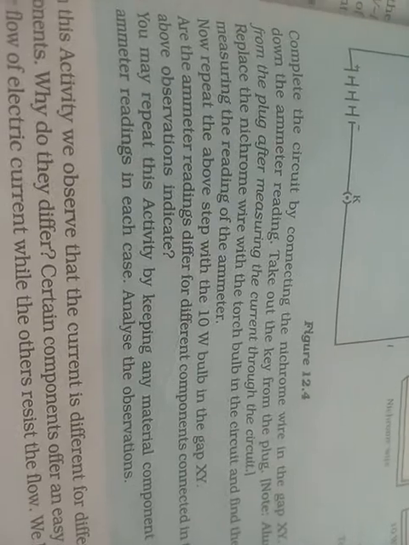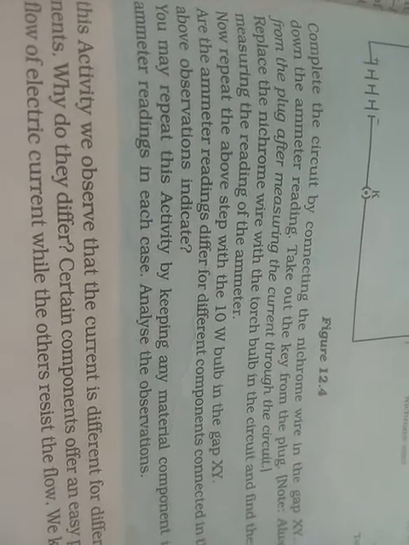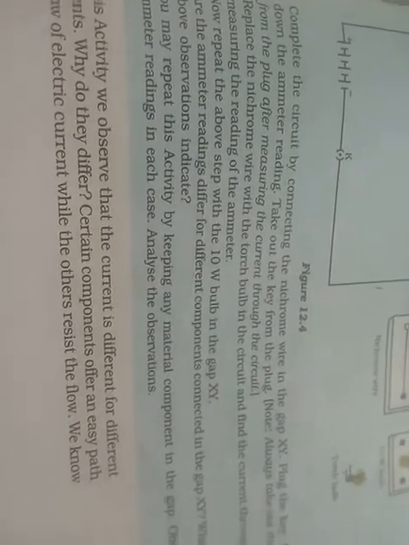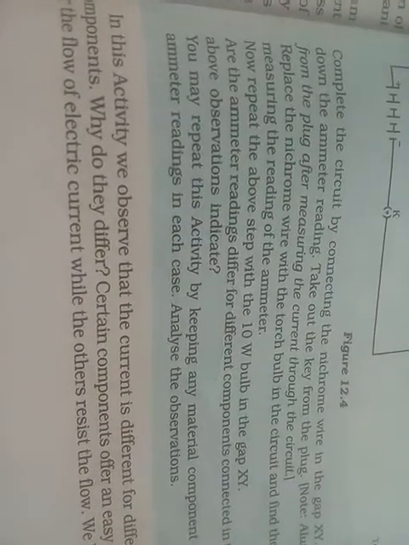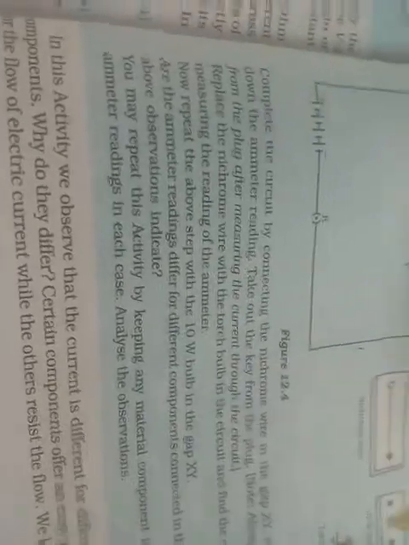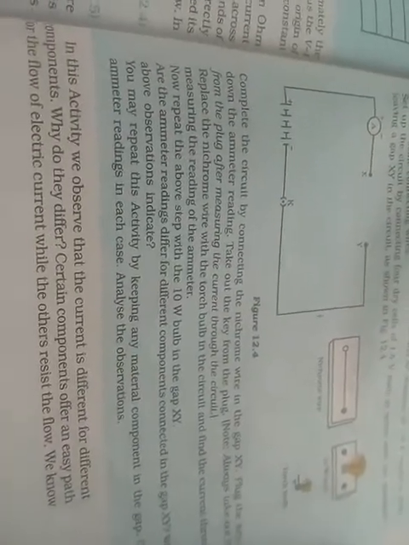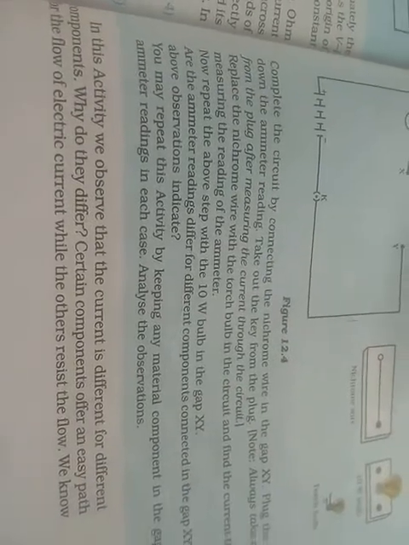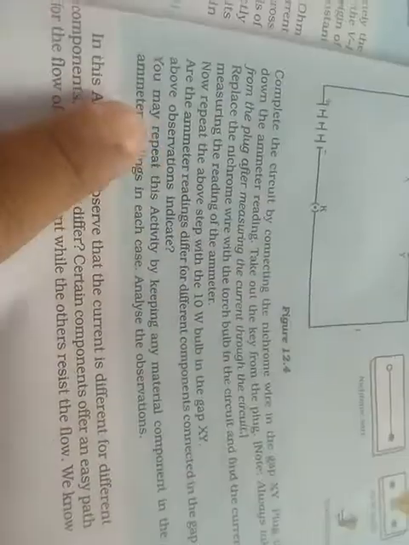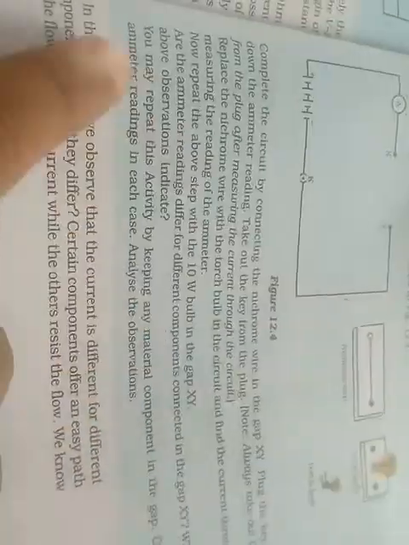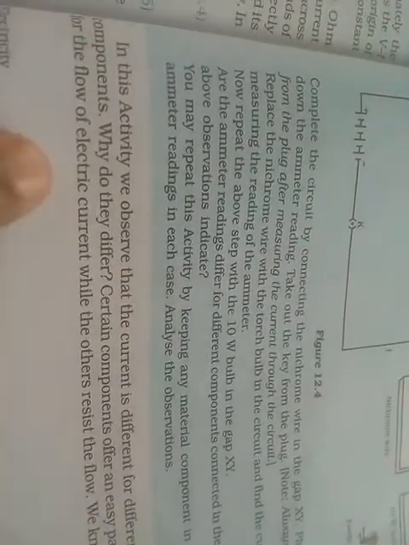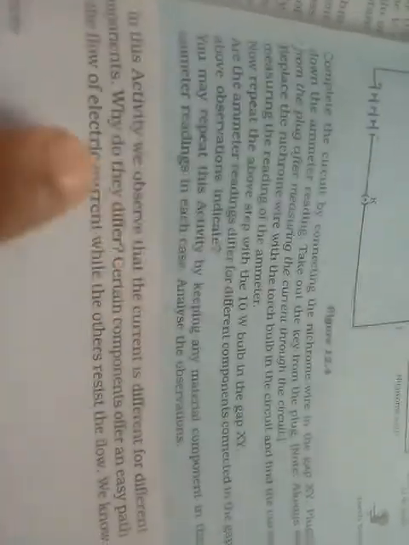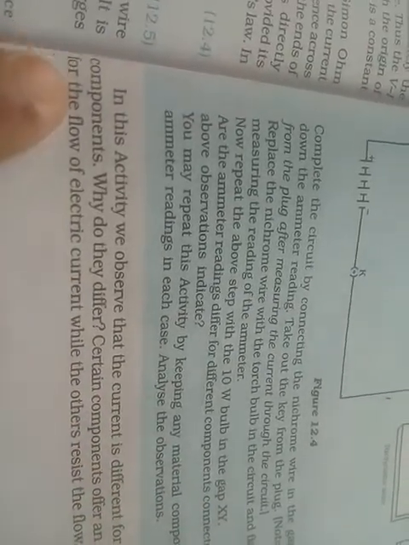Now complete the circuit by connecting the nichrome wire in the gap XY, the plug key and the ammeter. We replace the nichrome wire one by one with the 10 watt bulb, the torch bulb, etc. In all these cases the reading in the ammeter will be different. So in the activity we observe that the current is different for different components.